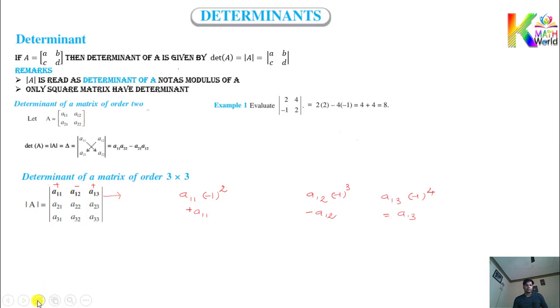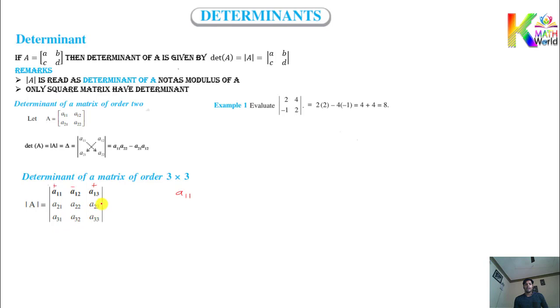Okay, now here you got plus sign, here you got minus sign, and here you got plus sign. So now with A11, positive sign, so A11. Now A11 lies in which row? First row, first column. You can see 1 1, it means first row, first column. So eliminate that first row, first column.